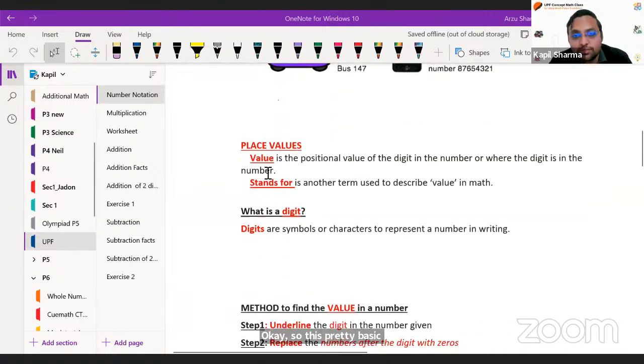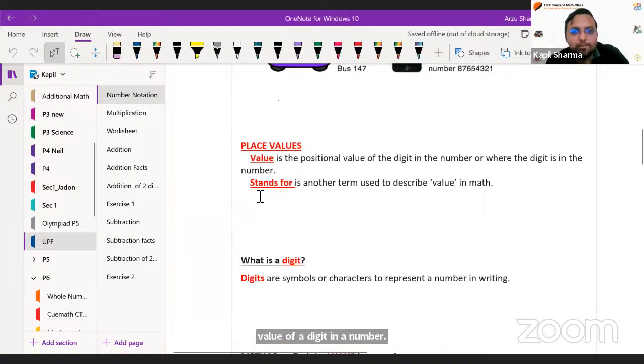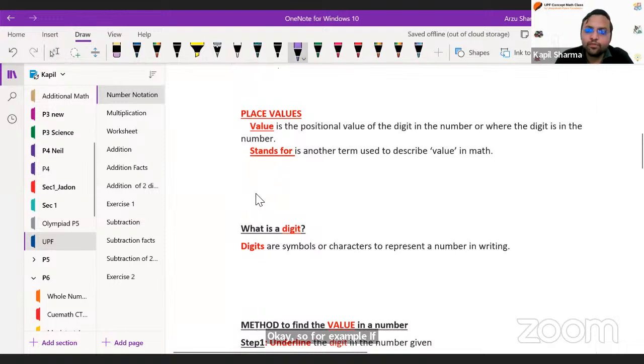Next is place values. So what is a place value? Place value is the positional value of a digit in a number. For example, if I take a simple number 62, this number has 2 digits, 2 and 6.